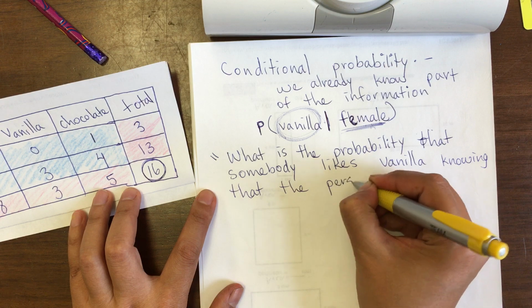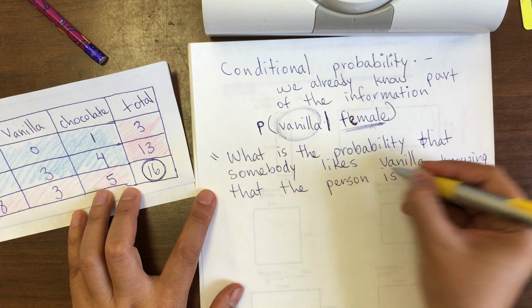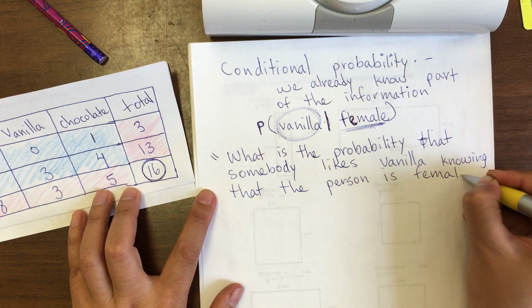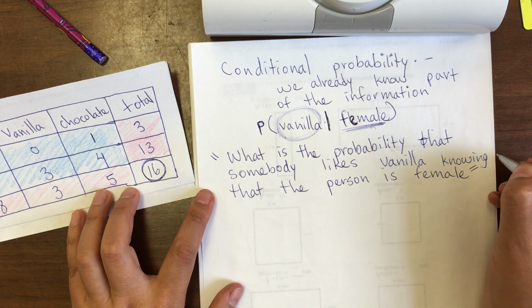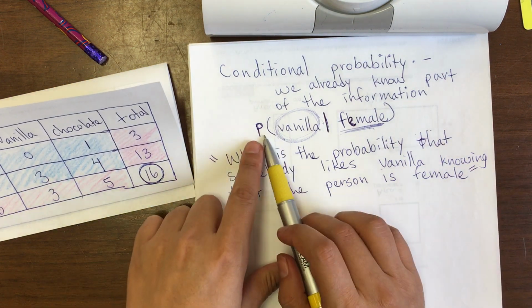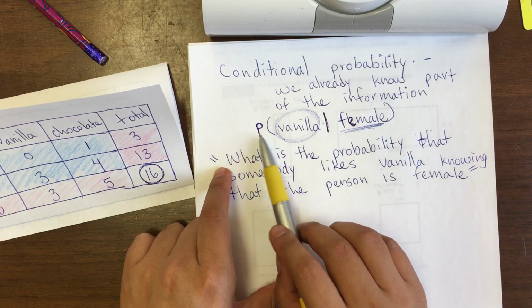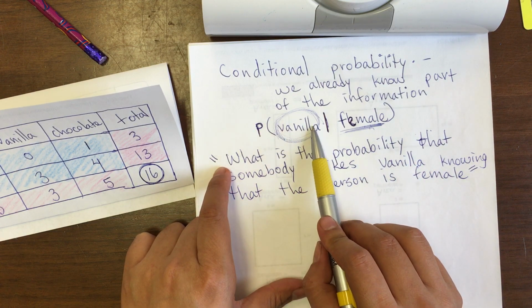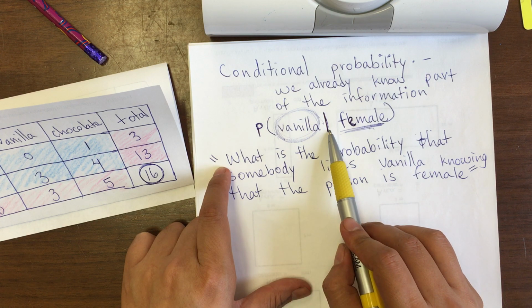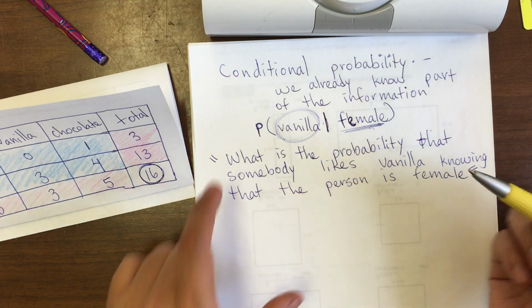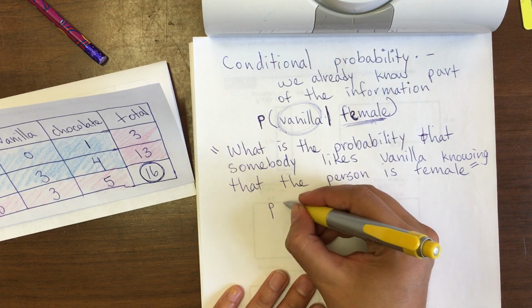That's why I love math, because with this symbol, we're saying all of these words. What is the probability that somebody likes vanilla knowing that the person is female? Okay, so let's figure that out.